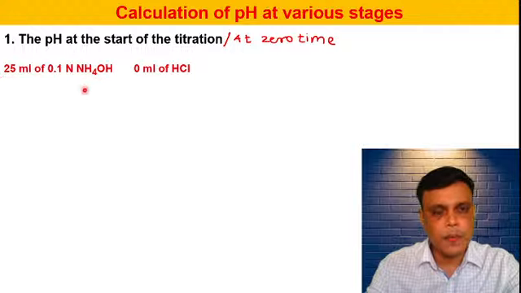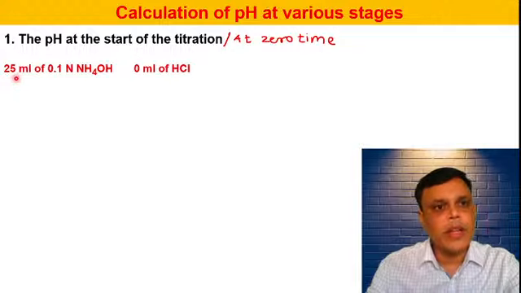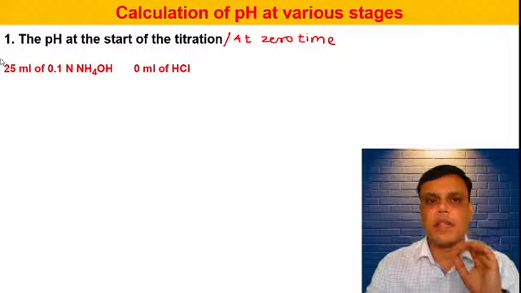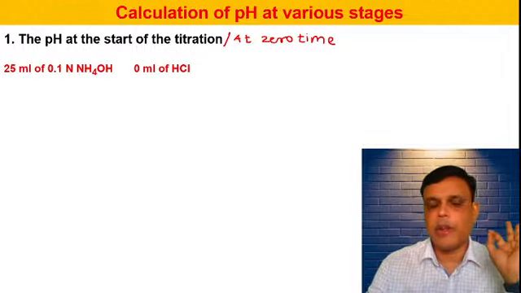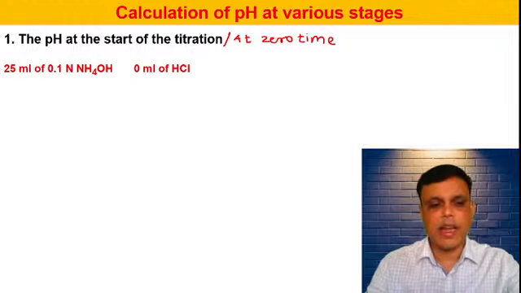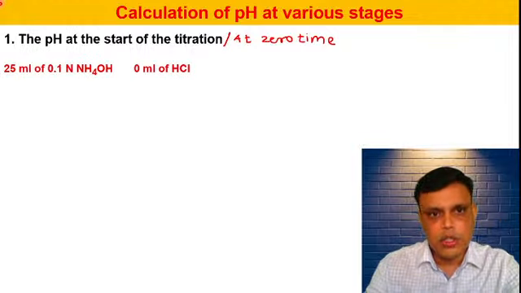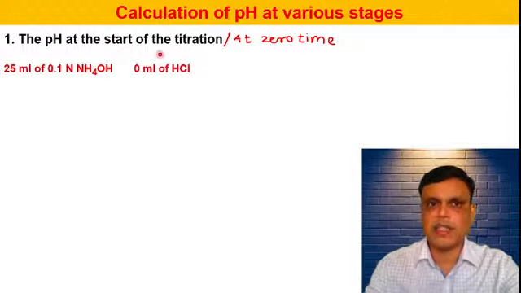Your conical flask will contain 25 ml of 0.1 normal ammonium hydroxide only, and at the starting point 0 ml of HCl is there.